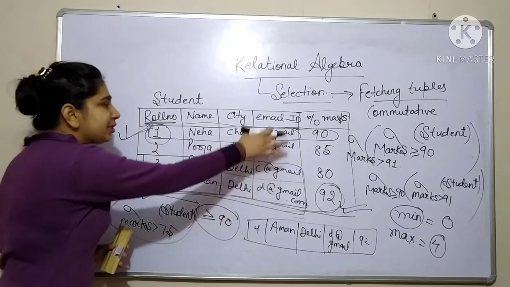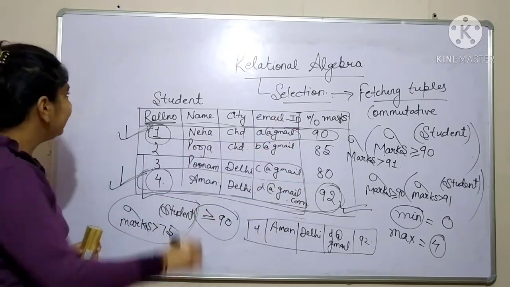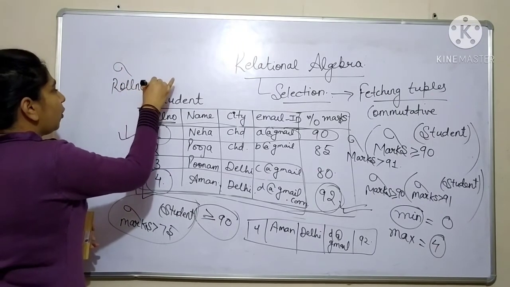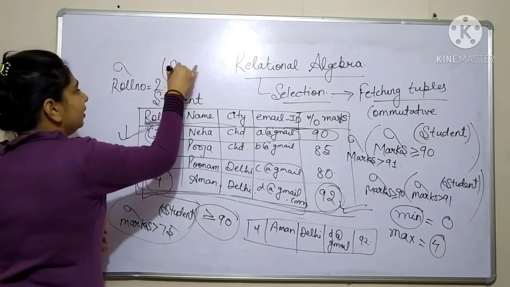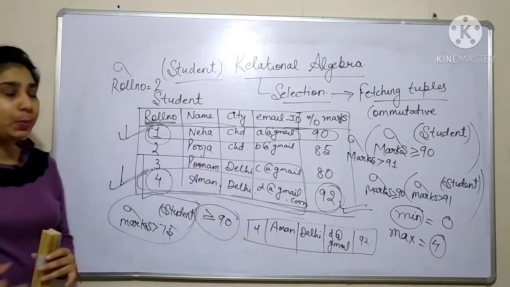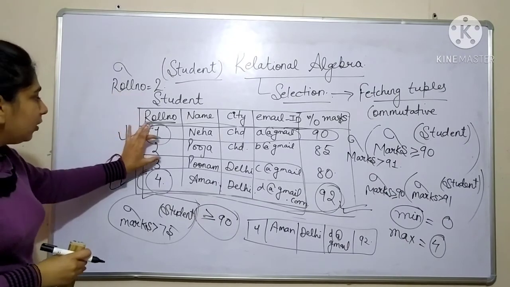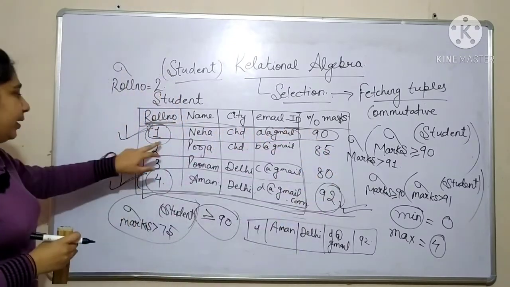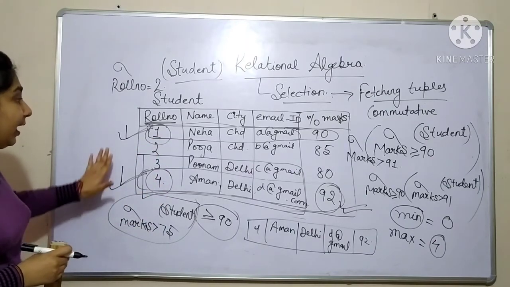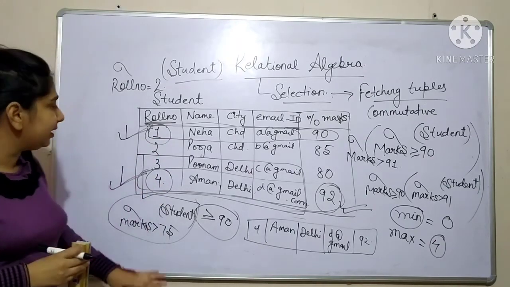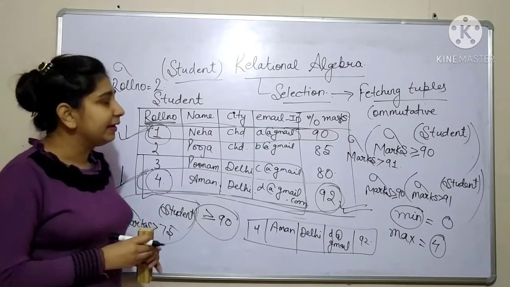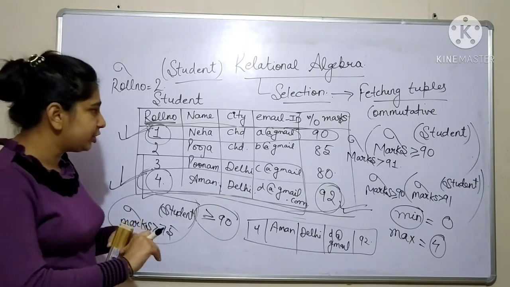Let's suppose I want to fetch the detail of roll number 2 from the student. This way we can fetch all of the detail of the student having roll number 2. So this selection operation is very important. I hope that you are clear with the selection operation.